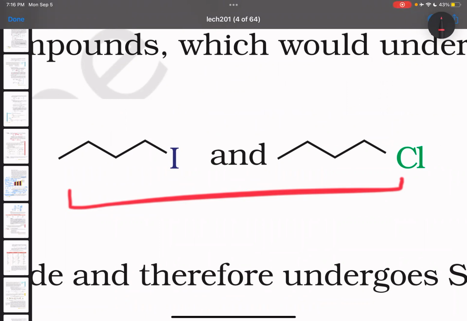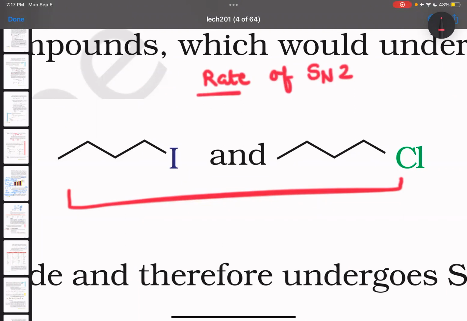Is branching the main factor in this case, or is some other factor there? Yeah, Anushka. Sir, Imad. Yeah. Chlorine, tell me. Which one is going to occur quickly?